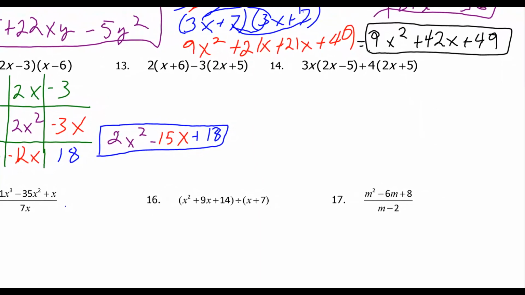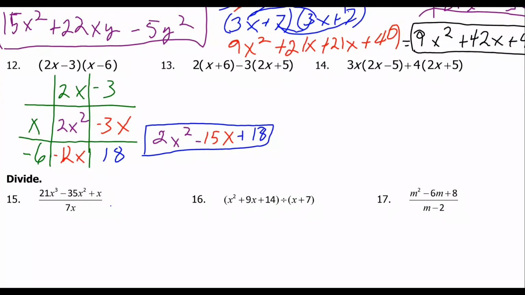Now number 13. That one's kind of interesting. There's no actual need for the box method on this one. What we're going to do is take the 2, shoot it across the x and the 6. And then take this 3 and shoot it across to the 2x and the plus 5. So what we wind up with is 2x plus 6 minus 6x, because we got that negative sign right there, don't forget about it.